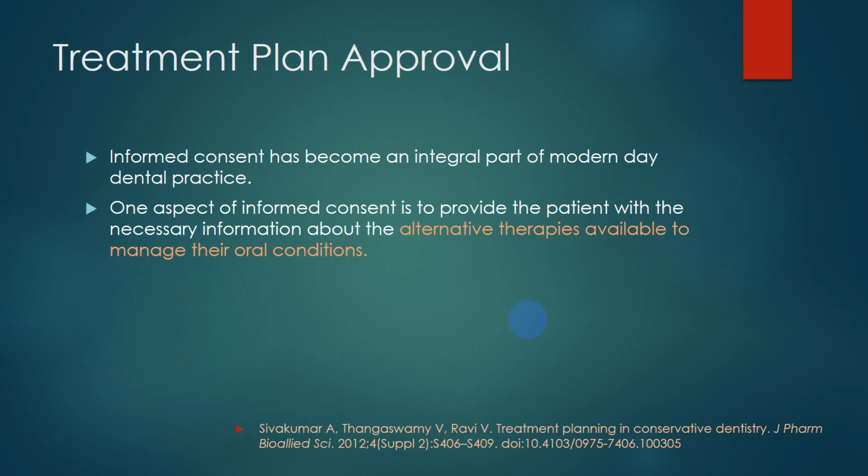But once the patient goes to the clinic and the cavity is prepared, then there might be pathologic pulp exposure, and the patient will end up having root canal treatment. So your treatment plan was caries removal and restoration, but the end result was endo. Sometimes you refer for endo, but the result will be extraction. So the treatment plan is dynamic. It needs to follow these general guidelines we talked about.